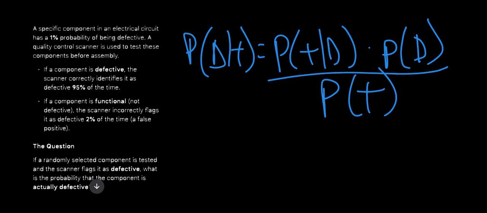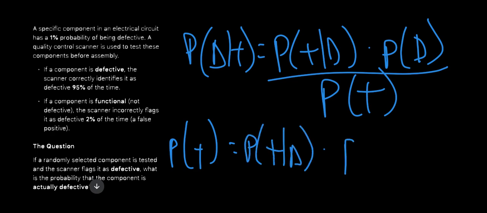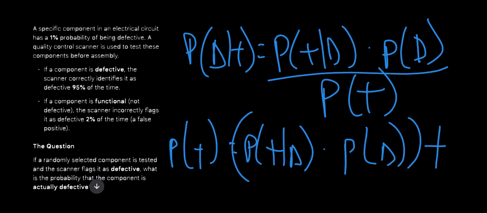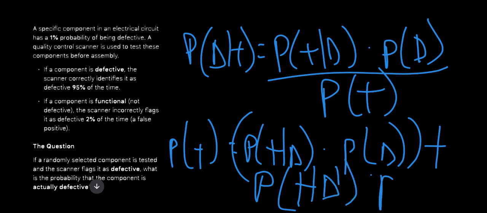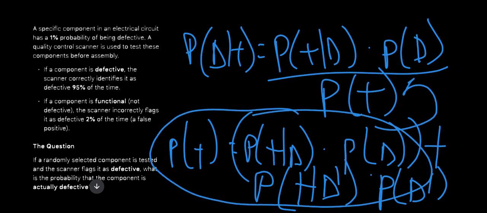Right. Now we know that, from what we did earlier, the probability of B should be plus, from what we did earlier, from the law of total probability. So we can just input this in there.